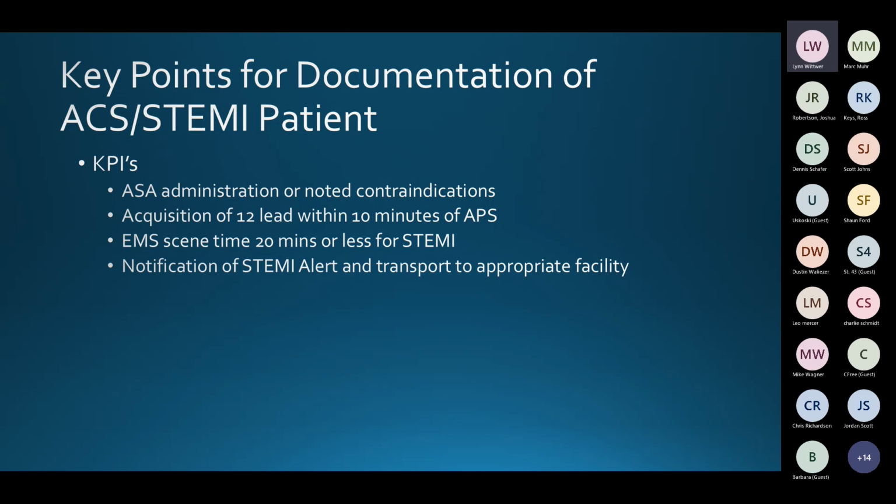Acquisition of a 12 lead within 10 minutes of being at patient side. EMS scene time of 20 minutes or less for a STEMI. And then notification of STEMI alert and transport to appropriate facility. And of course, that's done primarily by Pulsara nowadays. But you'll indicate that in your chart as well.